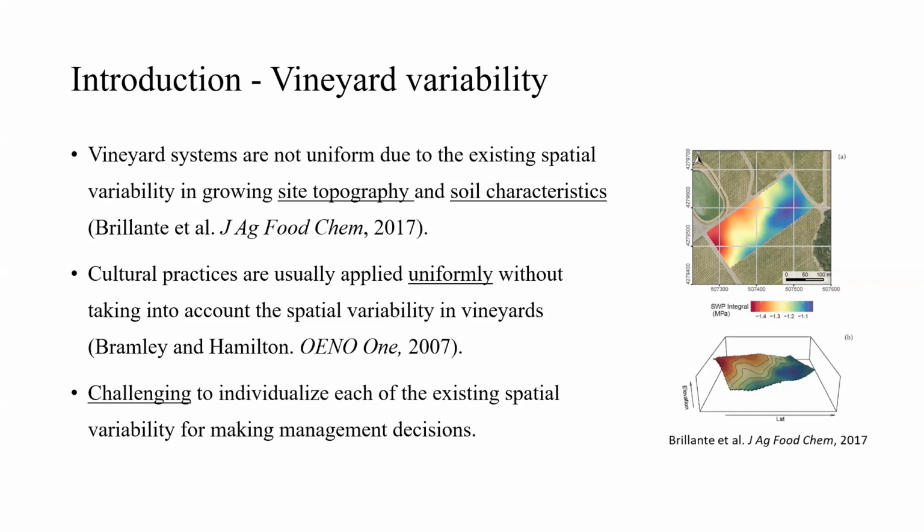Also, monitoring and managing this variability spatially, like taking soil samples and measuring plants at field scale, is really challenging. This makes it nearly impossible to individualize each of the existing spatial variabilities for making further management decisions.